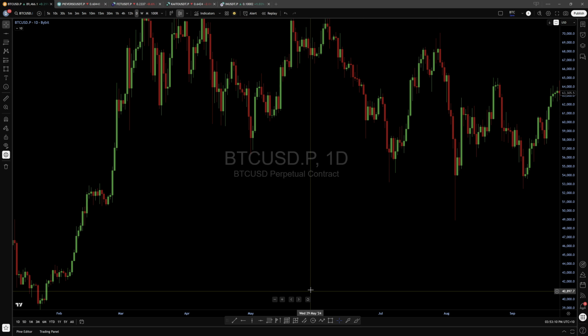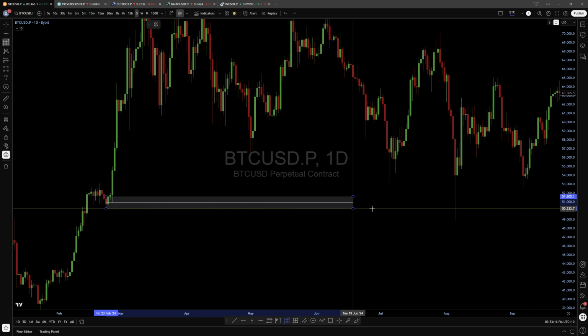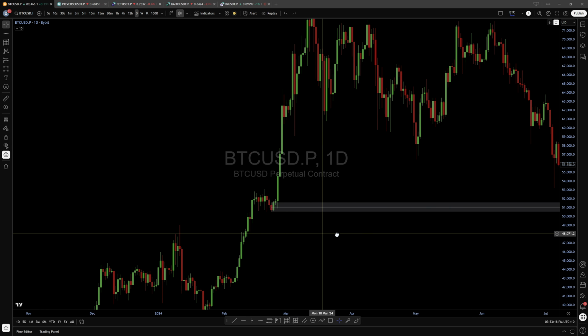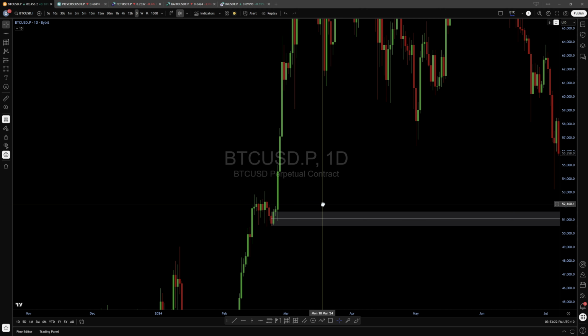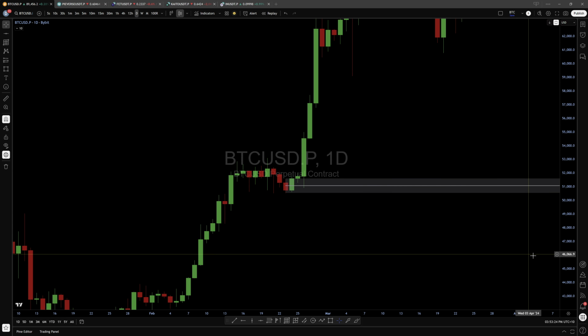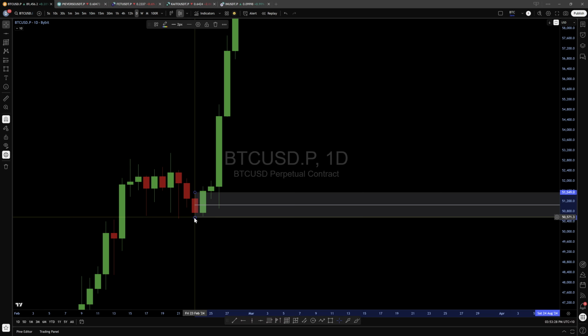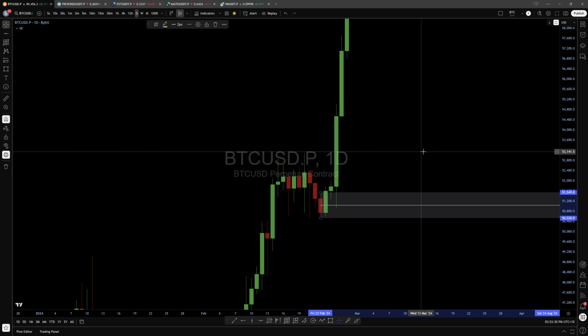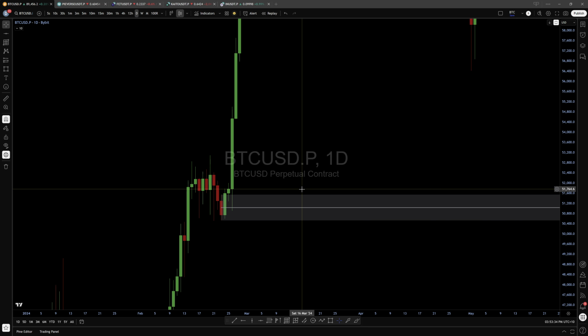So here's a good example, and I would make a rectangle box like here, and I would make it so the wicks are included, unlike fair value gaps. And so that candle becomes the order block.